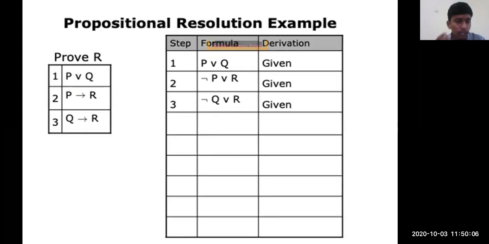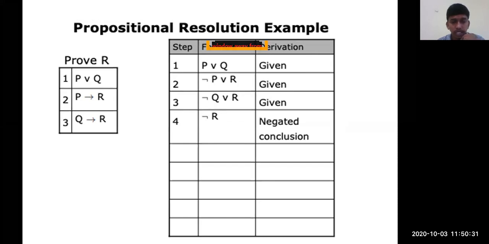In the same manner, Q implies R, the implication needs to be converted to conjunctive normal form. So the implication is converted to negation Q or R. This is how initially you need to start your procedure. Now we'll try to apply the resolution principles, and if there is any conflicting term, you can cancel them and get to your solution. So let's go for step 4.